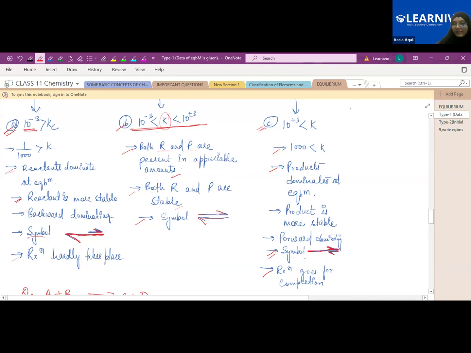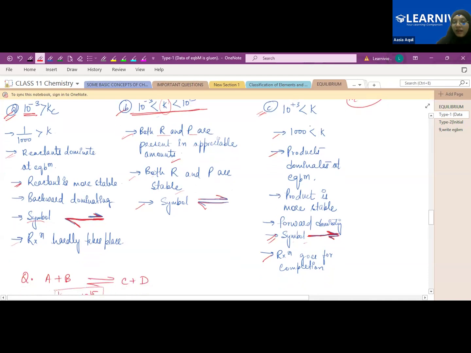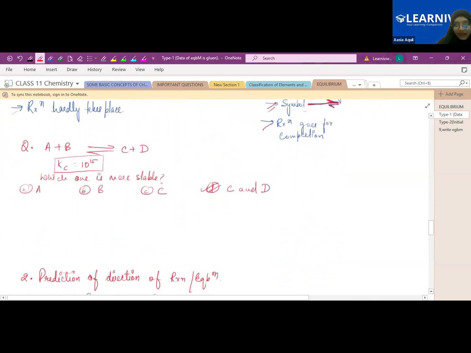So here K value is 10 raised to the power 15, which is greater than 10 raised to the power 3. So in this case, product dominates at equilibrium and product is more stable. It means the reaction is forward dominating. So C plus D, which is the product here, will be more stable. So that's why your option D.